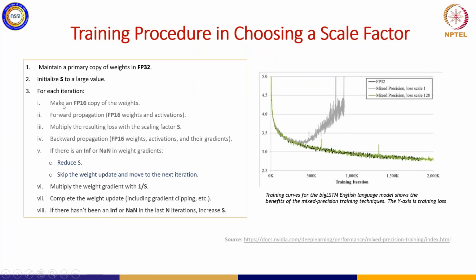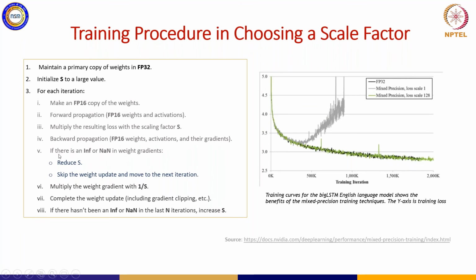Then in your iteration, you make a copy of your FP16 weights, perform forward propagation with it, then scale with the value. After you scale, you perform the backward propagation. After the backward propagation is performed, you check that it does not result in overflow, that is infinity or NaN in your gradient.